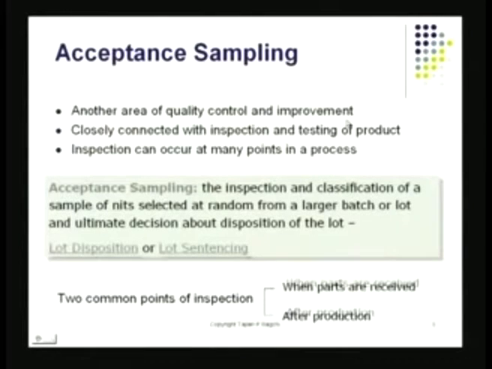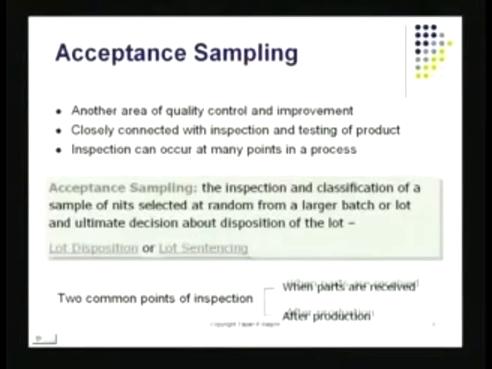Now, acceptance sampling, if you really look at what this is, it's a statistical procedure. It's another area of quality control and quality improvement. It's closely connected with inspection and testing services. An inspection can actually occur at many points in the process. For example, when you've got incoming parts, parts which are just arriving from a supplier, you could inspect them before they enter your shop.